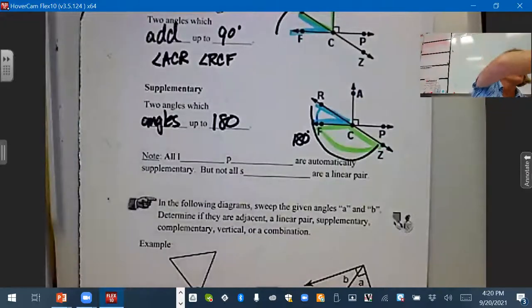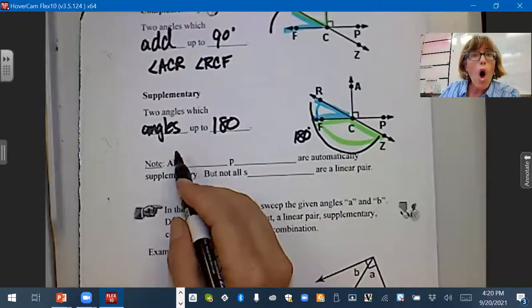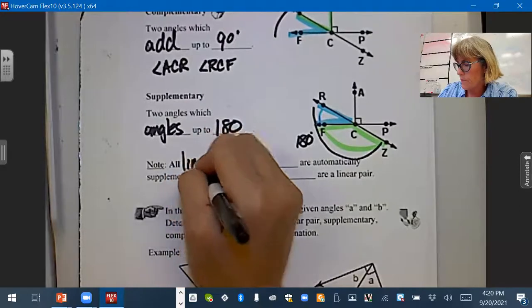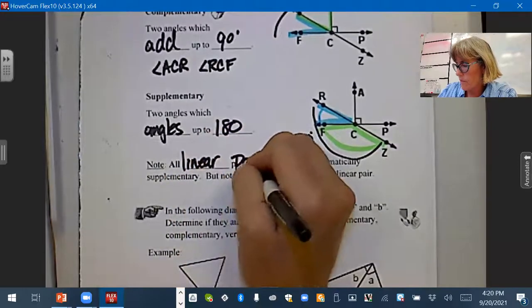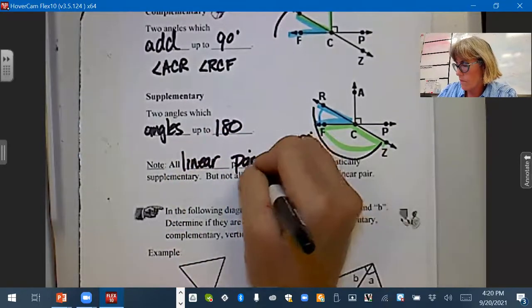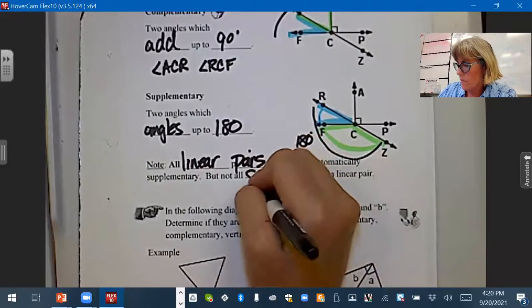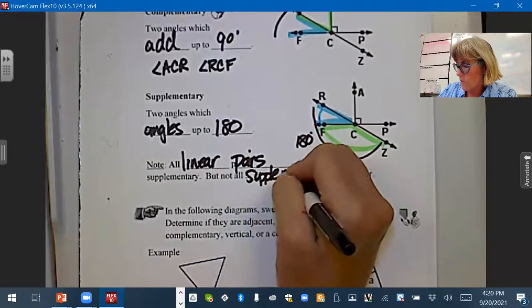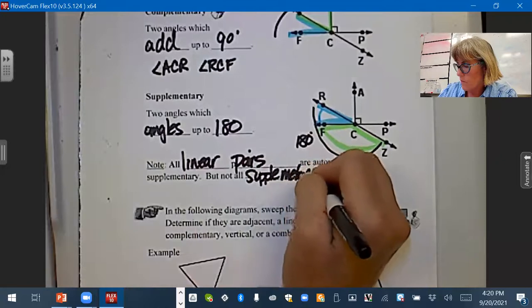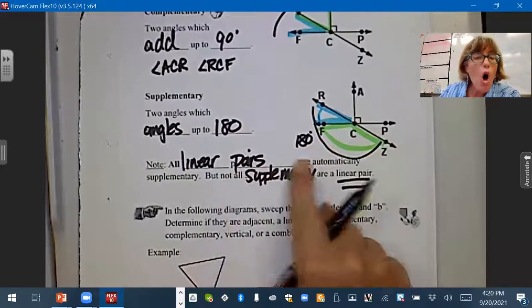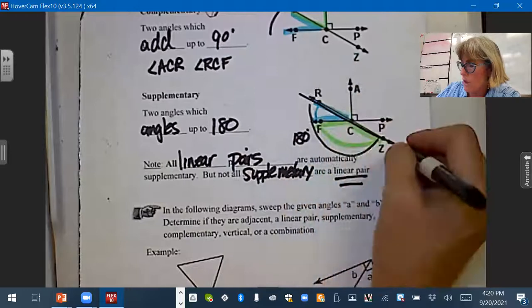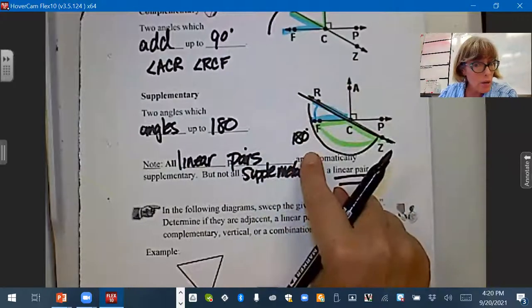So what's really important is that all linear pairs share a spine, make a line, are automatically supplementary.